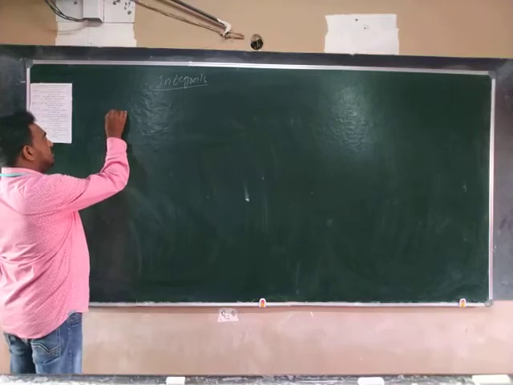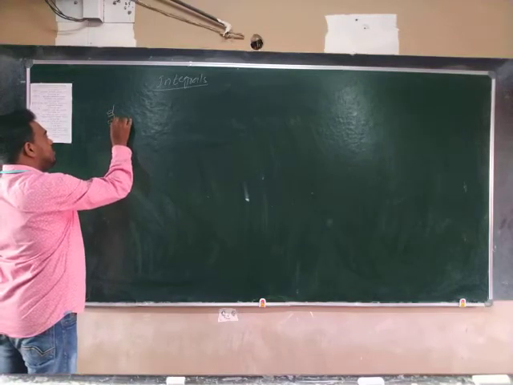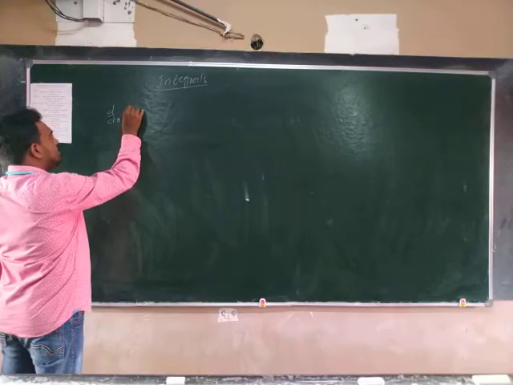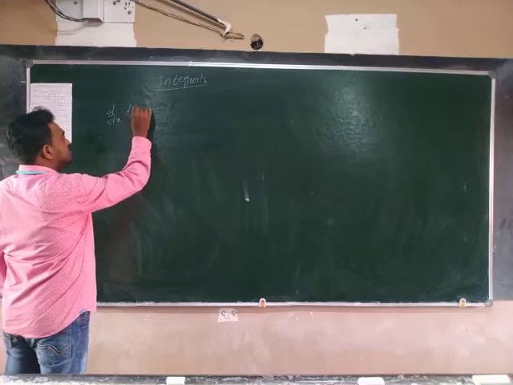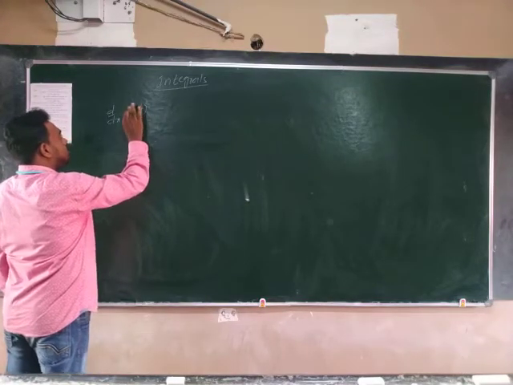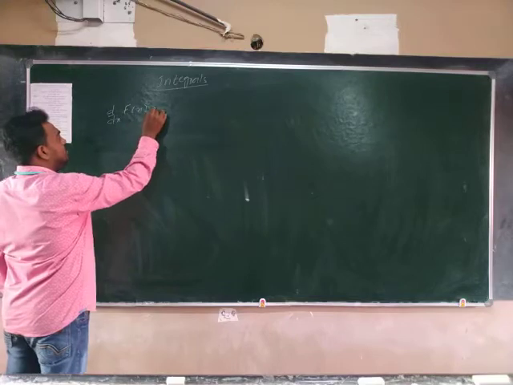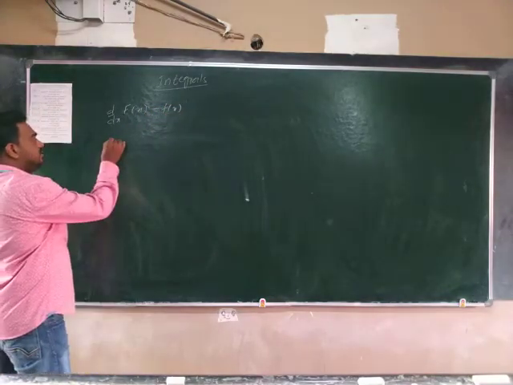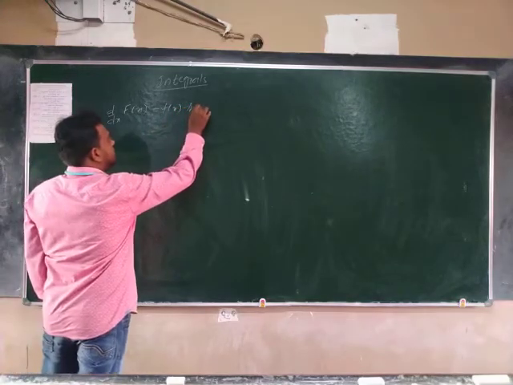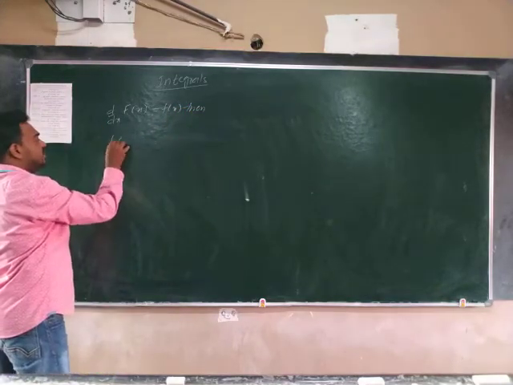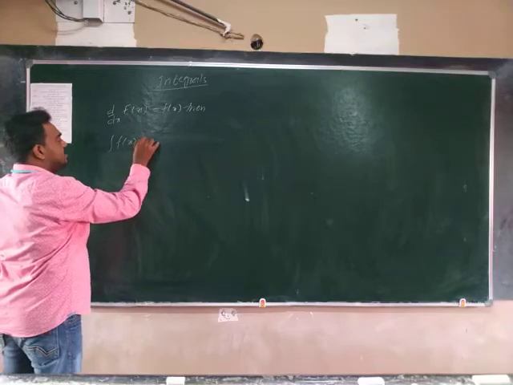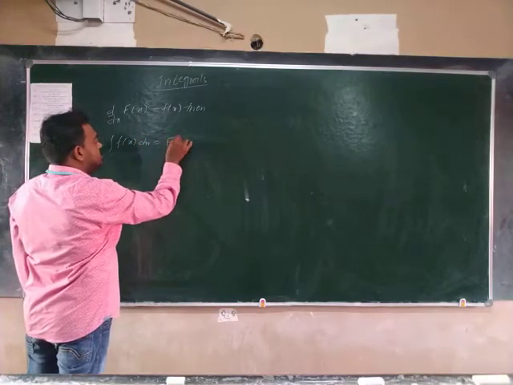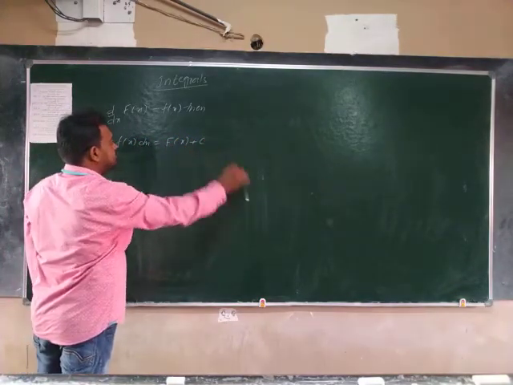For example, you see d by dx of capital F of x is equal to small f of x. Then integration of f of x dx is equal to capital F of x plus c.